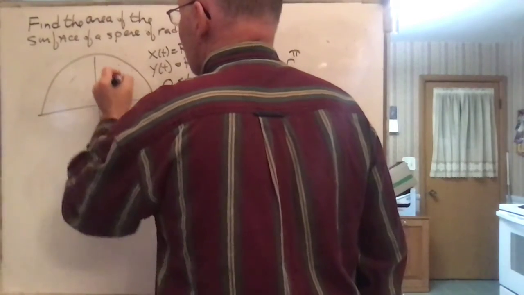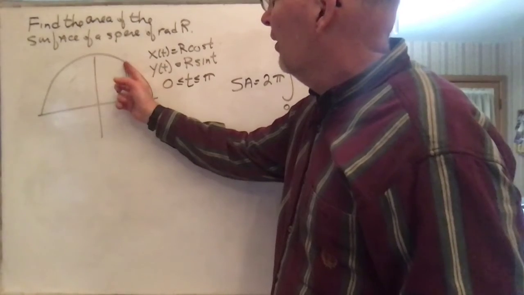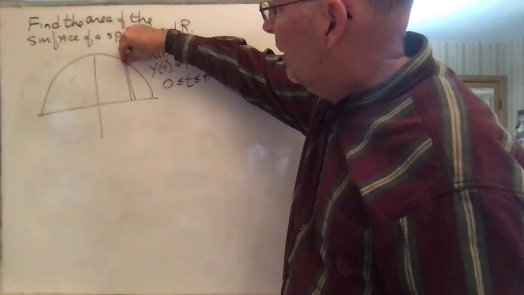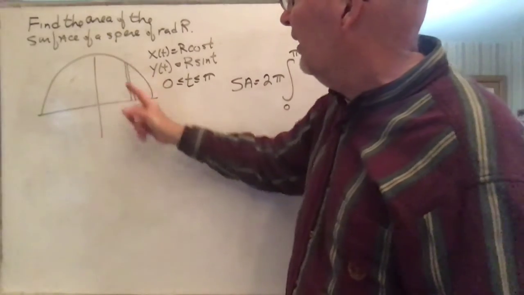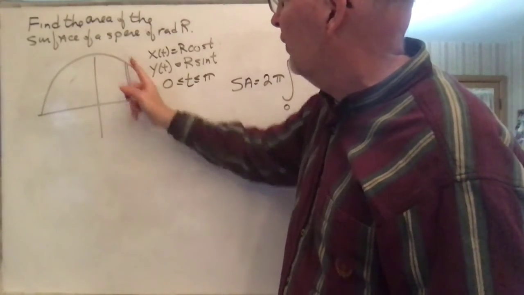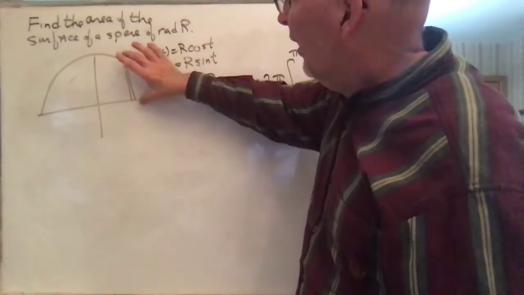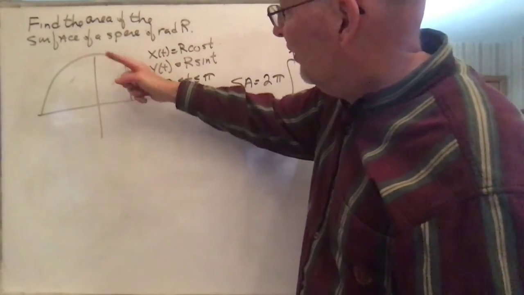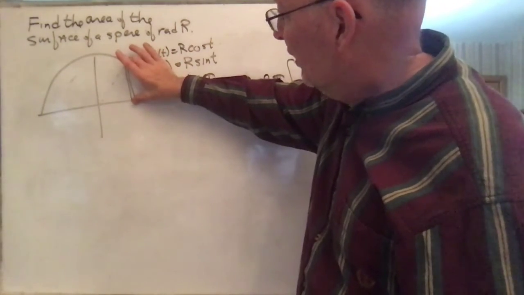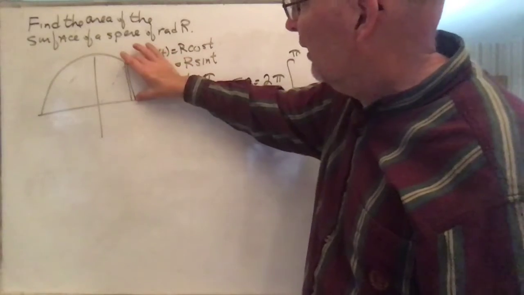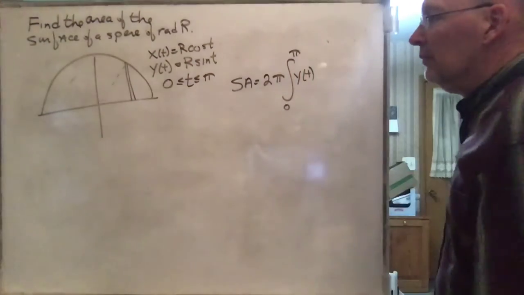For every value of t, the distance around is going to be 2 pi times the radius. And if you're at this value of t, we want this height, because that's what's going all the way around the x-axis. So this right here is your y of t.